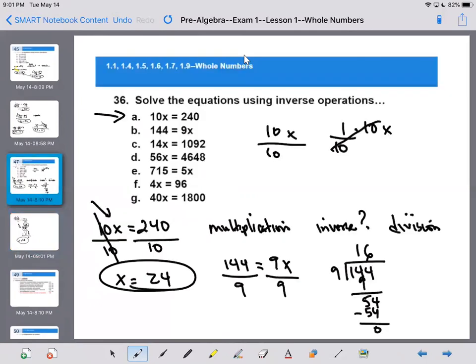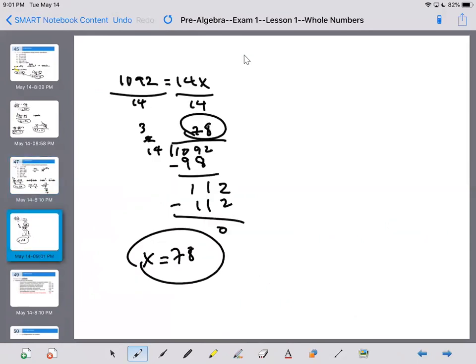How about 715 divided by 5x? So you see 715 equal to 5x. Well, to solve for x, you're going to divide by 5. Why? Because that 5 and that x is being multiplied together. So you'll have 715. You'll divide that by 5.